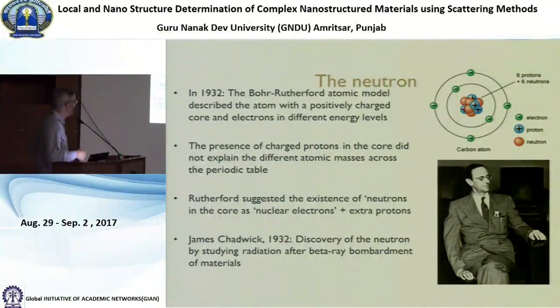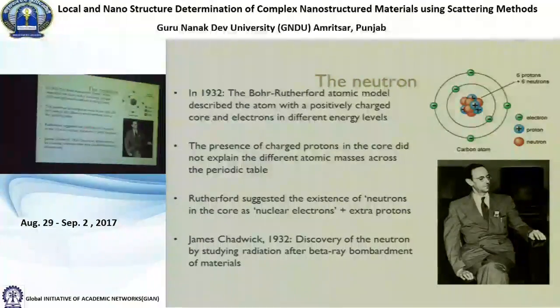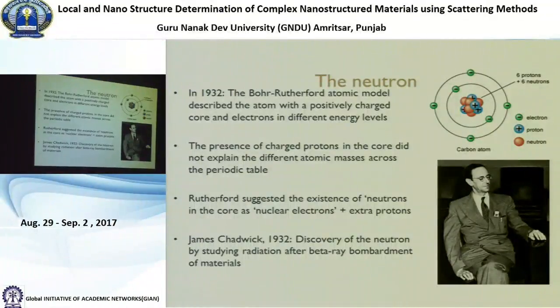They said, if the nucleus is made of protons, and we know the mass of the protons, and each proton has a charge, and we know how many protons are in the nucleus, then we know the mass of the atom, but that doesn't agree with the measured mass. So they inferred that there must be some other particles which don't carry charge.